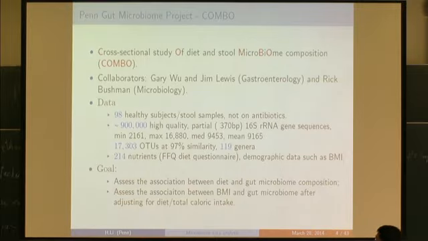We collected fecal samples from 98 healthy individuals, making sure they were not on antibiotics, and we did 16S sequencing. Eventually we got about 900,000 16S rRNA reads from these 98 individuals, and the number of reads varies from sample to sample.